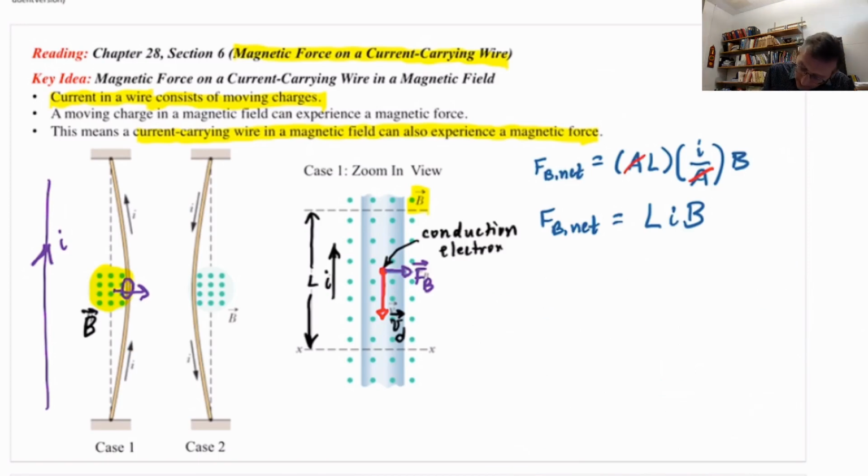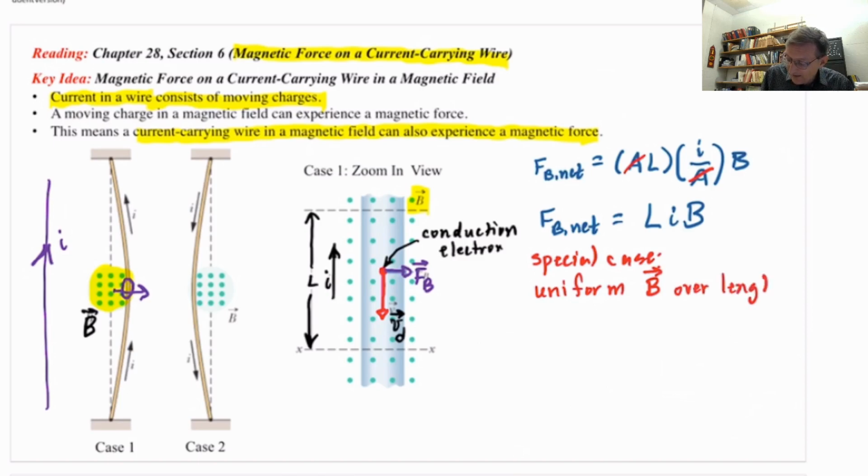This is actually the result for a special case, where the conditions were: I had a uniform magnetic field over the length L, I have a straight wire that is perpendicular to the direction of B. And then you get that pretty simple result: L times I times B.